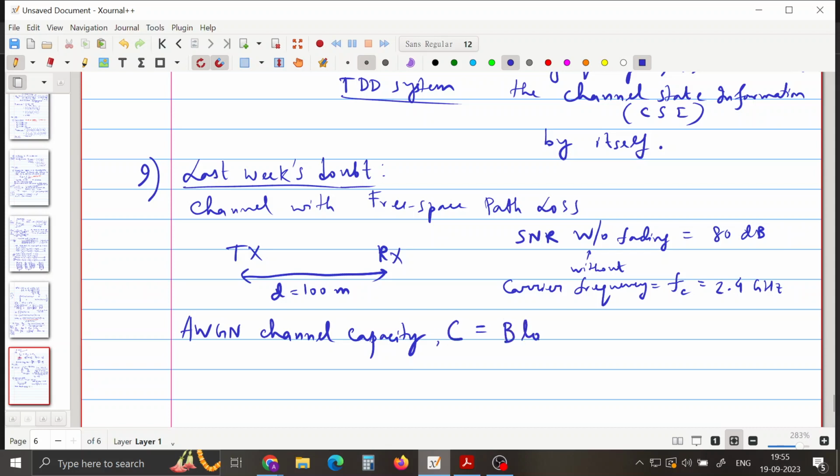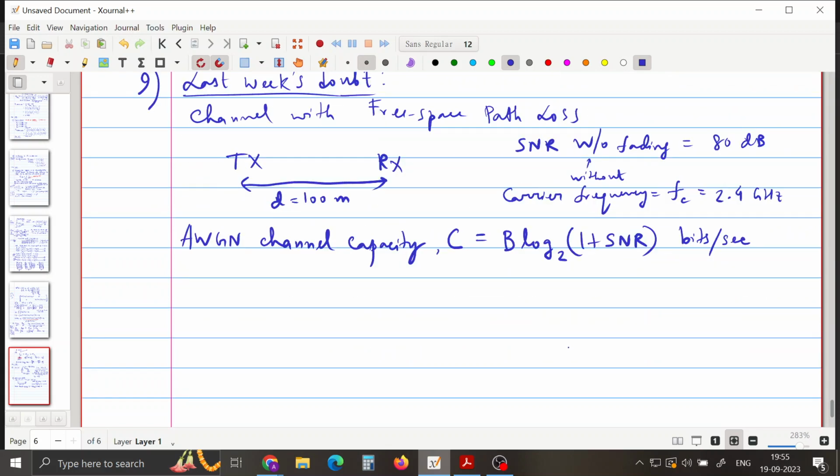B times log base 2 of 1 plus SNR, and this is in bits per second. You should be familiar with this expression, where B is your channel bandwidth. This you know, right?